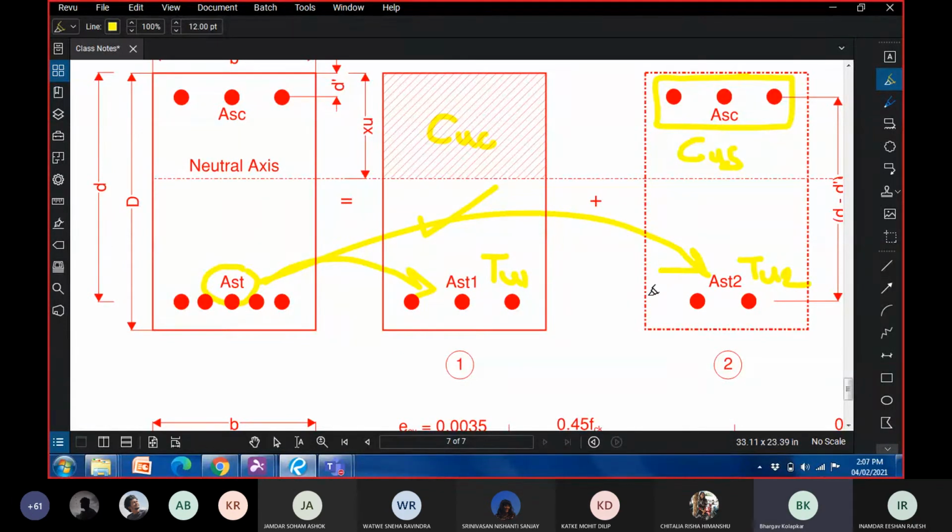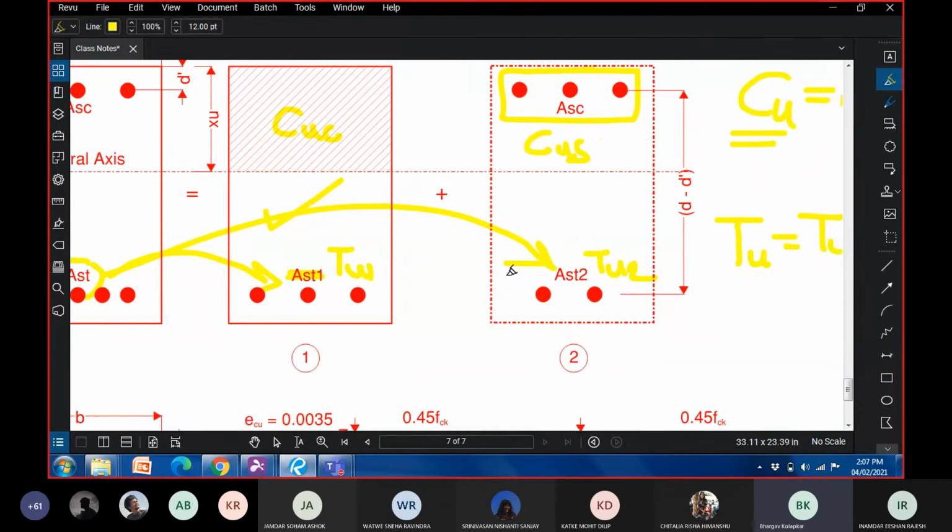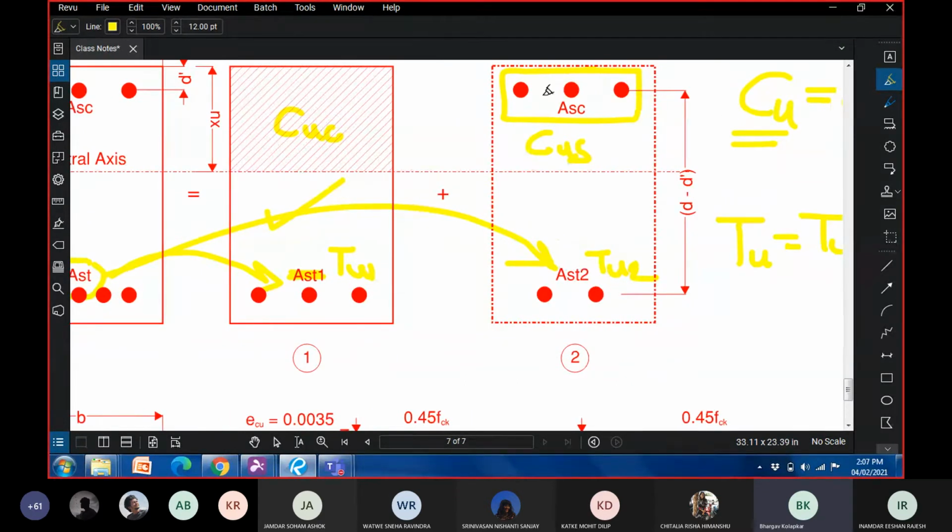How to do it is another question. Let us first understand the concept. We have split AST into AST1 and AST2. AST1 balances out with only concrete, and the remaining steel, AST2, which is AST minus AST1, balances out with compression steel only.